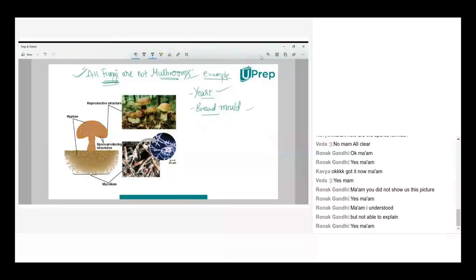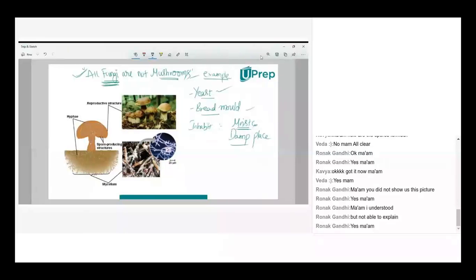Now when you take the fungi inhabitant, most of the fungi inhabitant, first we'll talk about the inhabitant, meaning where they live generally. Most of the fungi will live in moist and damp places. What's the difference between moist and damp? Moist is nothing but having water content for the growth of any microorganism. Fungi is a microorganism.